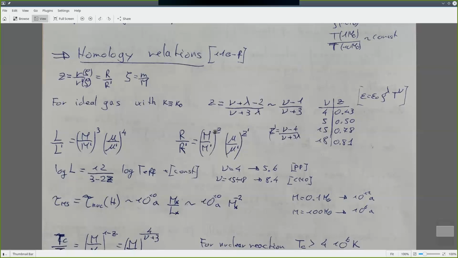For the radius, we have this relation that is not fixed, depends on Z, and also on mu with Z prime.